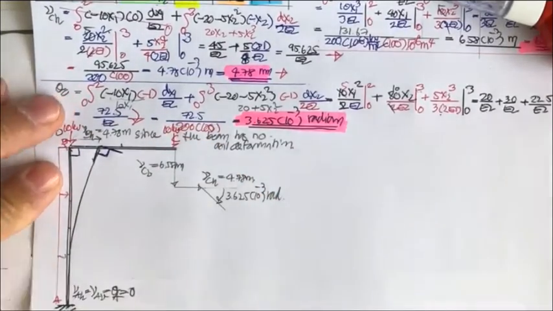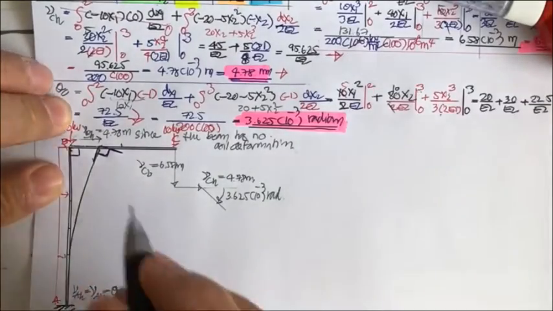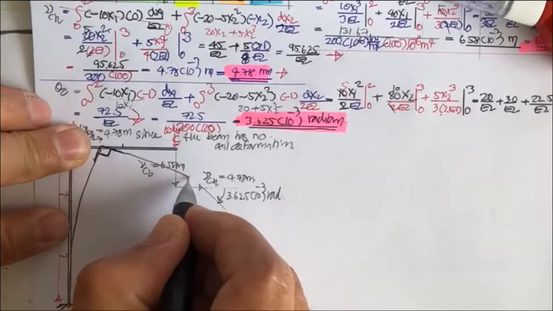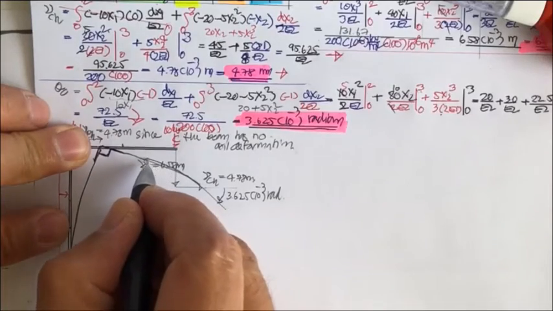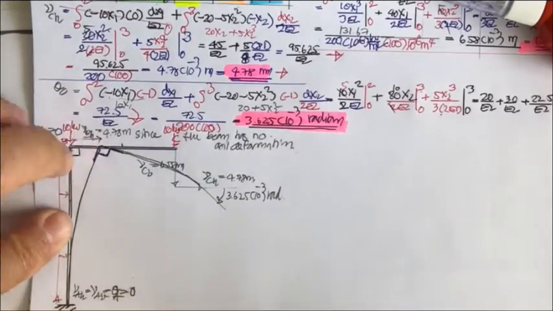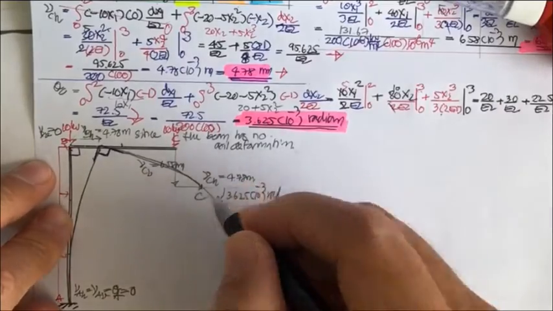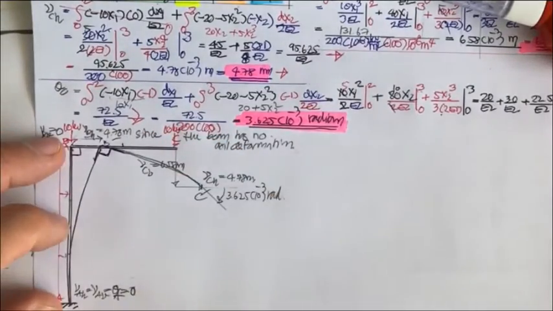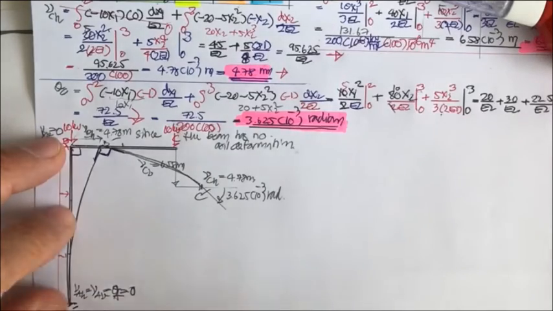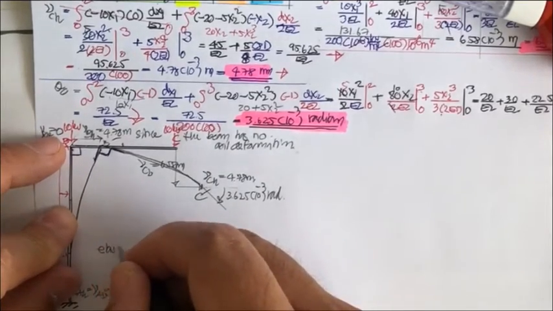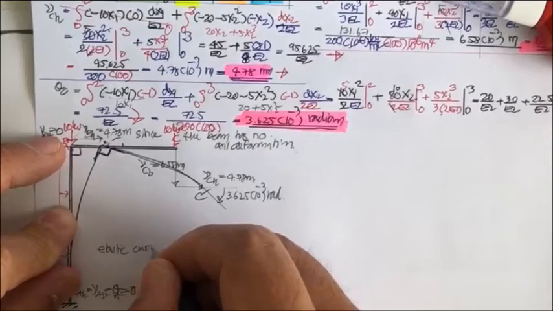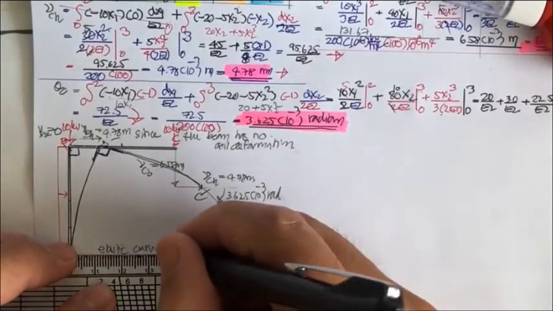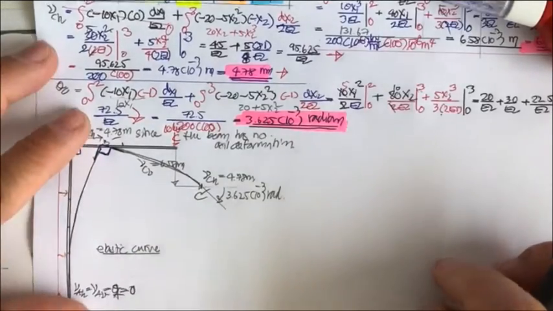Okay, and this portion of the beam will deflect like this. And when it's moved here, that is going to be C prime. This is going to be B prime. This is going to be the elastic curve of this beam.